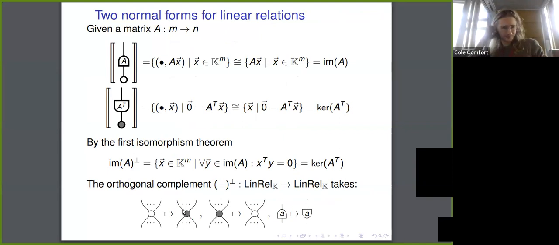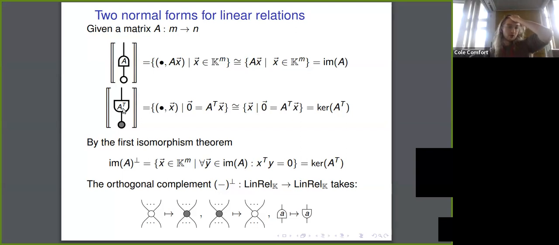So for example, if you have a matrix from M to N, and I'm drawing this in the thickened notation, then if you precompose with this thickened white spider, which you interpret as existential quantification, or asking for the existence of a vector of this type, then you have it that it's equal to this set, which is isomorphic to this set, which is just by definition the image of A.